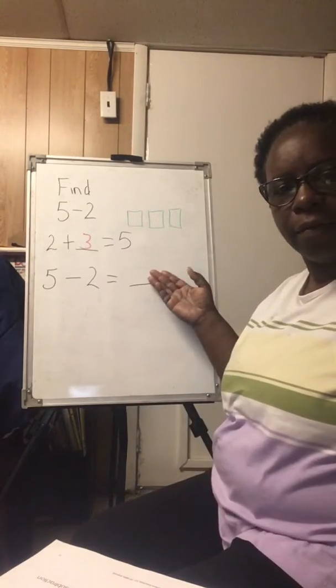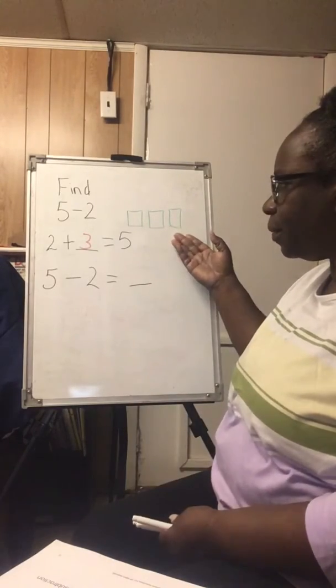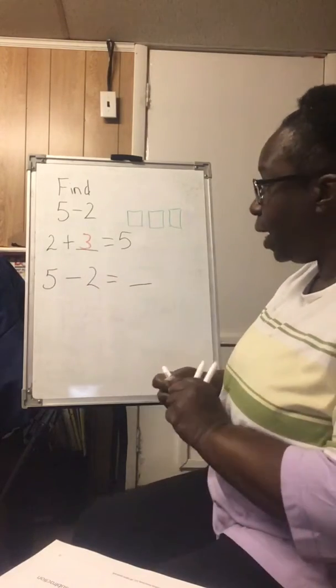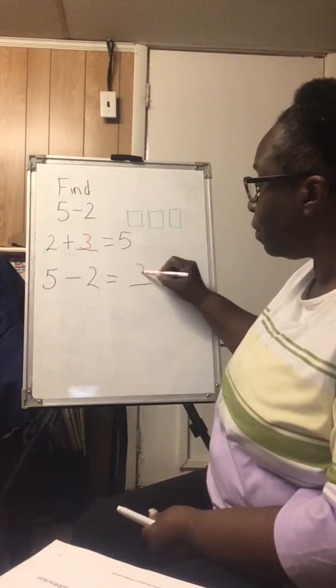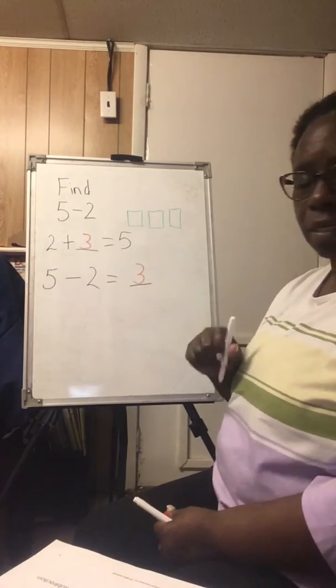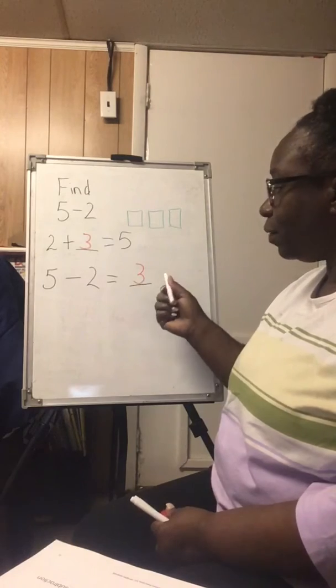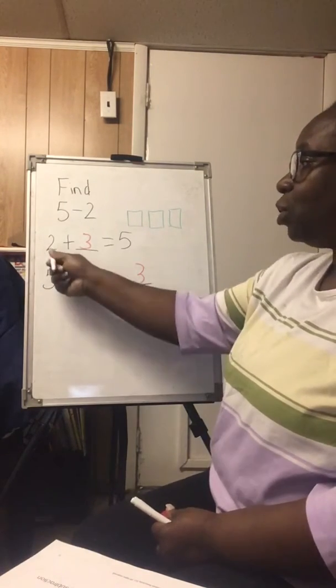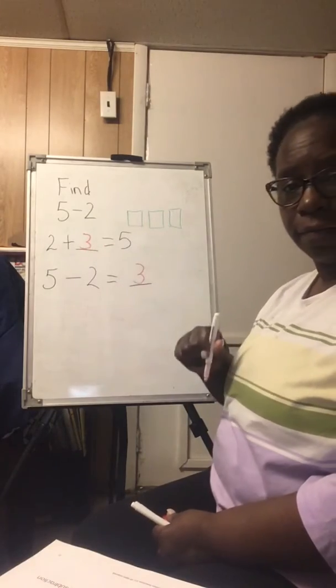What do we have left? How many green blocks? So 5 minus the 2 that we took away left us with 3. Same number, 3. 3 blocks were left. So 5 minus 2 equals 3. 2 plus 3 equals 5.